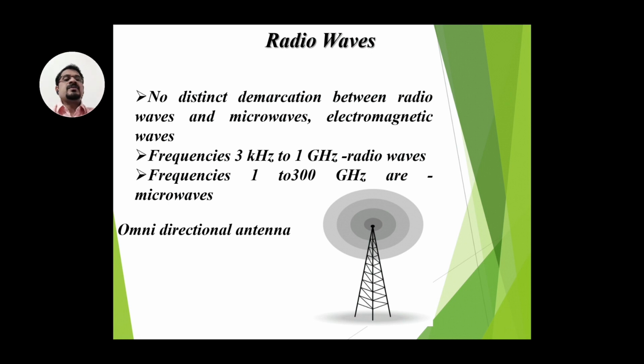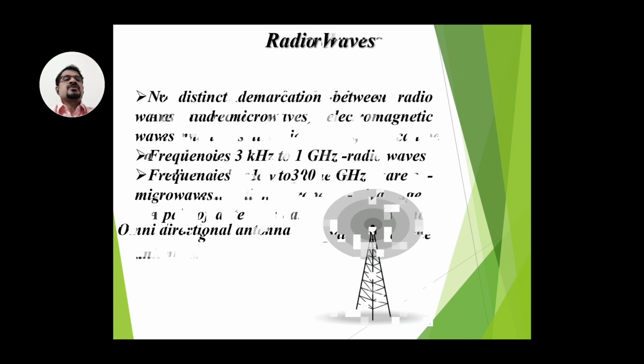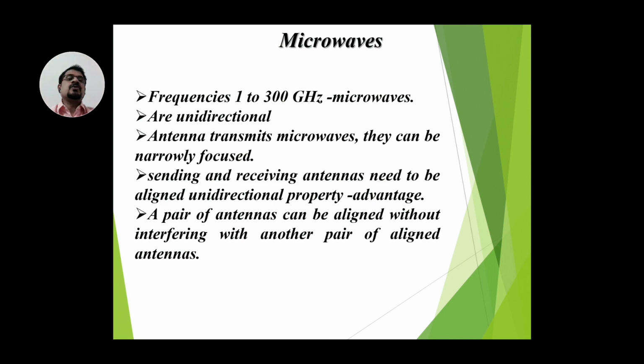Radio waves generally use omnidirectional antennas. Microwaves, in the 1 gigahertz to 300 gigahertz range, are unidirectional in nature, so the antenna which transmits microwaves can be narrowly focused.